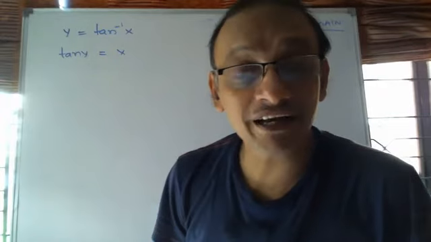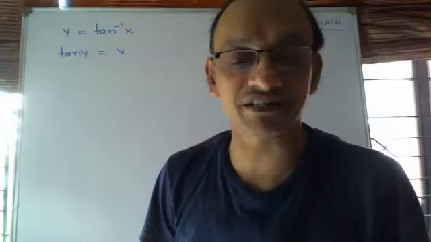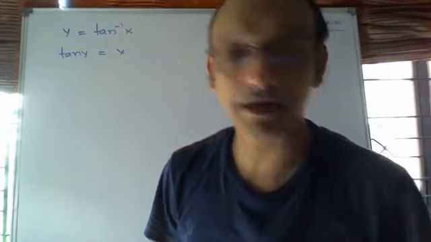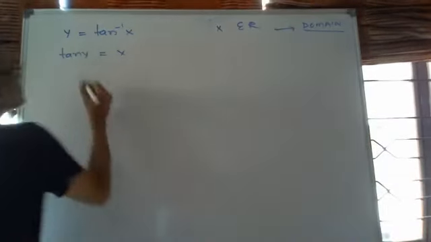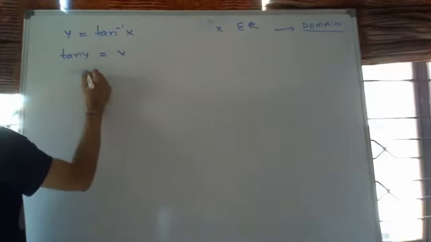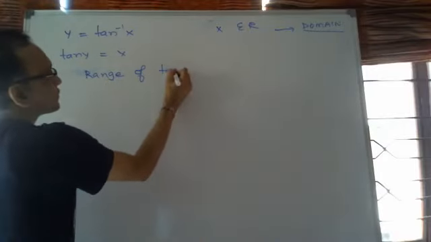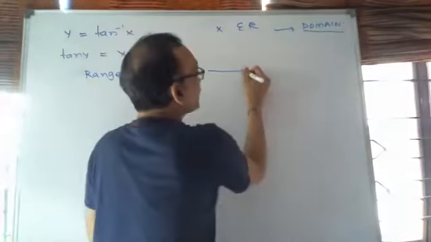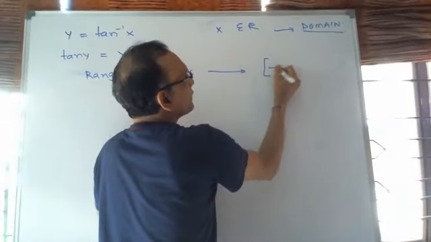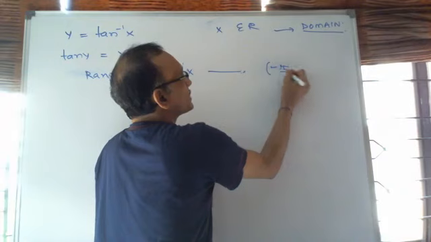I need to define the interval in which tan inverse x must lie, the principal value range of tan inverse x. This is what I'm allowing: the open interval -pi/2 to +pi/2.